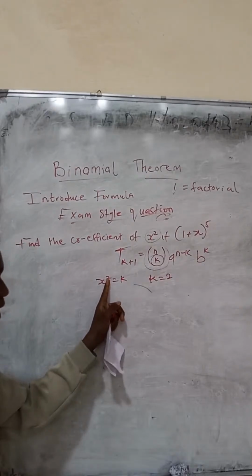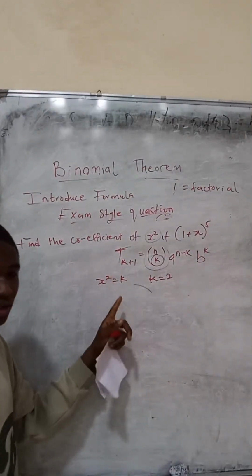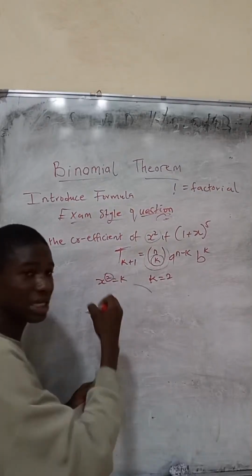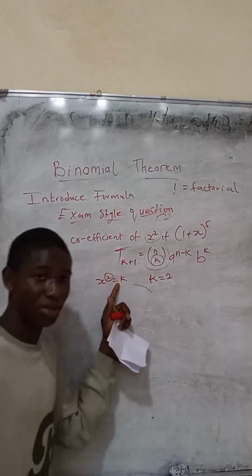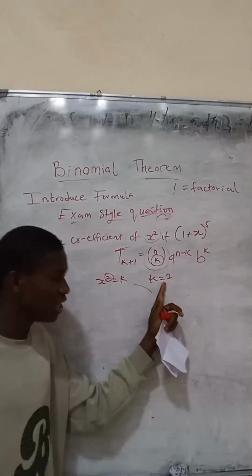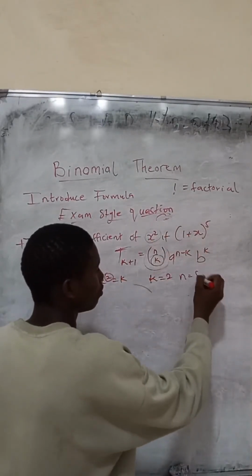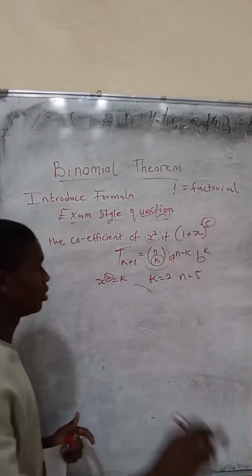So this power here is going to be the value of k. Whenever you see something like this, finding coefficients, the exponent of x is going to be the value of k. So the value of k here is 2. And the value of n here is 5. You understand? So now let's continue.